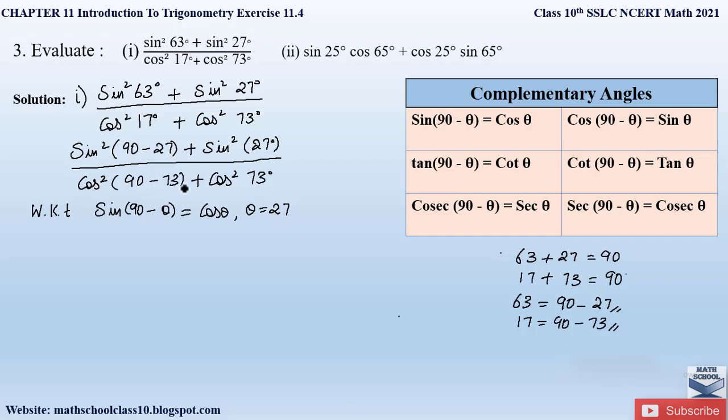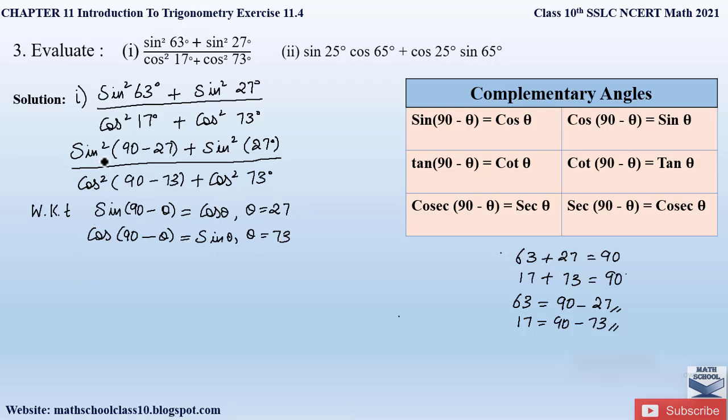Similarly, cos of 90 minus theta is sin theta. Again here the theta value is equal to 73 degree. So let us apply these complementary angles here.